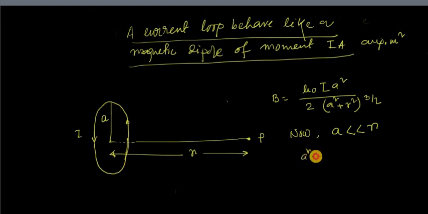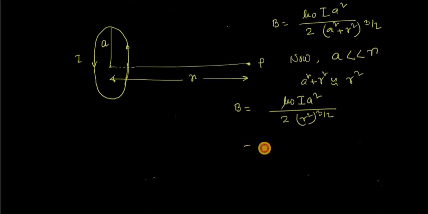So A square plus r square is nearly equal to r square, and the expression now becomes mu 0 I A square divided by 2 r cube.